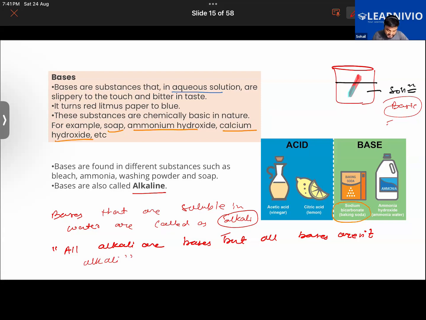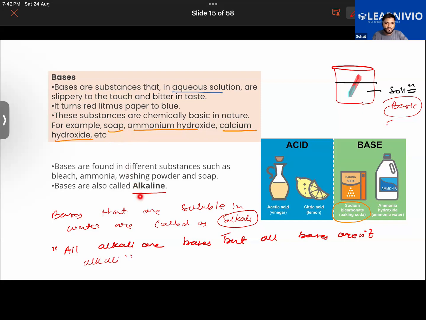See, in the previous class we learned about various properties of bases. We learned that they are bitter in taste and they have a soapy touch. They are slippery to touch. They will turn red litmus paper to blue.